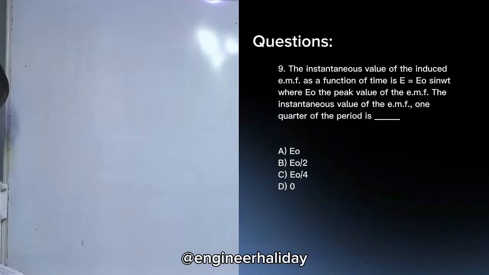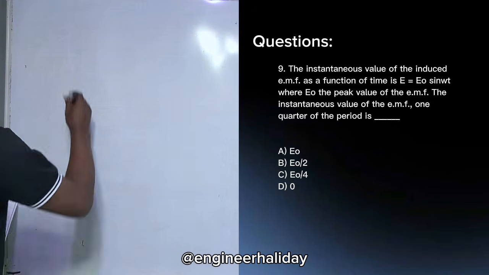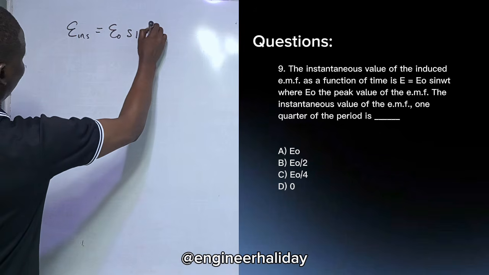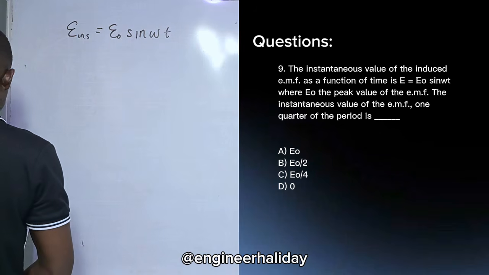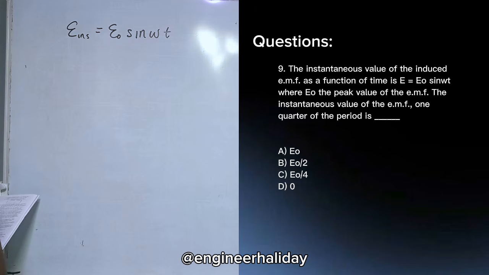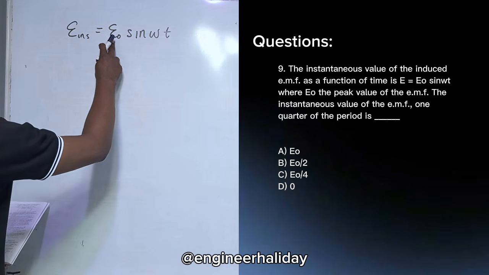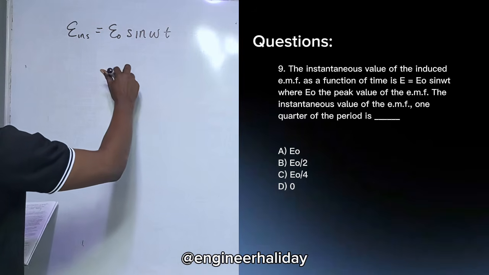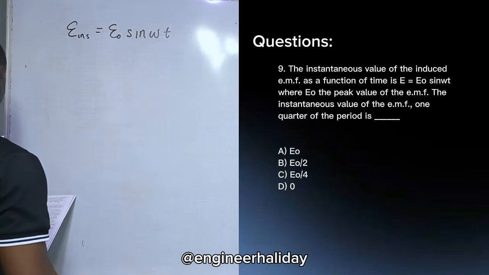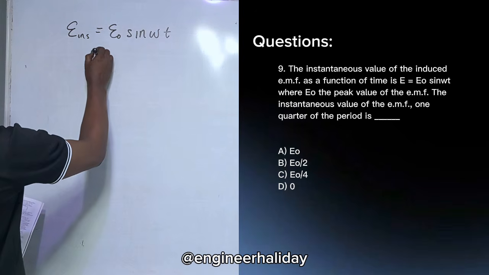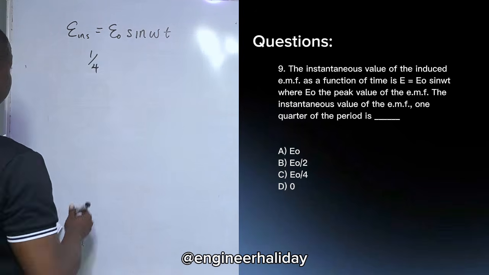Now, look at it. We have the instantaneous voltage equal to E naught sine omega t. What he's saying is that the instantaneous value of the induced EMF as a function of time is defined as this, where E naught is the peak value of the EMF. The instantaneous value of the EMF at 1/4 of the period is dash. 1/4 means 1/4 of the period.